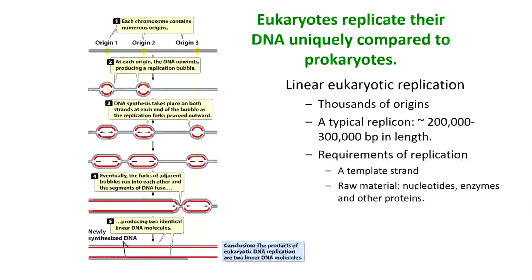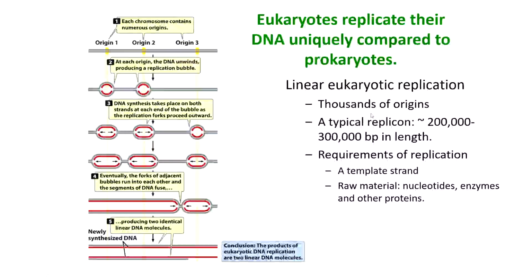Eukaryotic genomes are linear, and so they're a different shape. They're going to have problems replicating the ends, and I'm going to talk about that in a minute. Eukaryotic genomes also tend to be a lot larger, and so they have to take advantage of using multiple origins of replication in order to quickly replicate their genome.